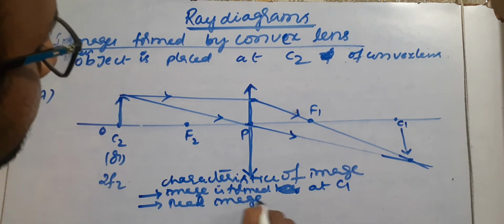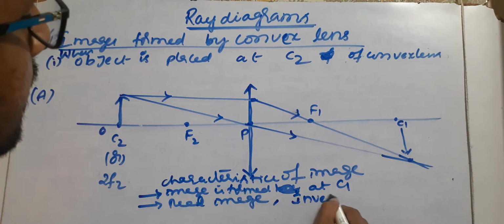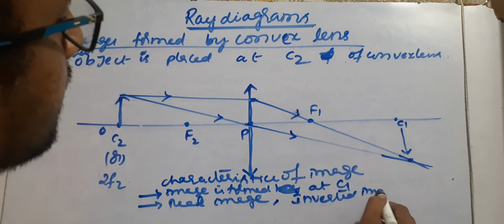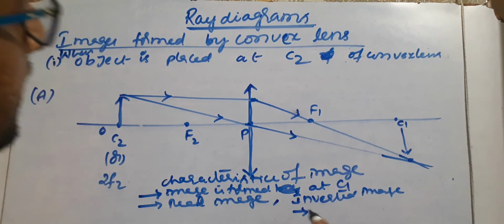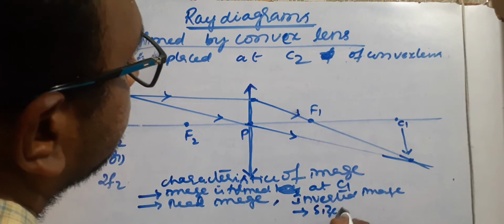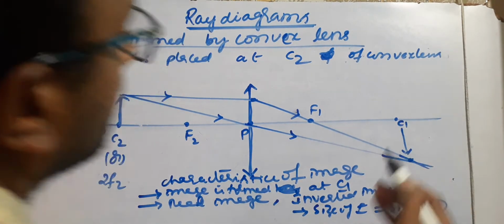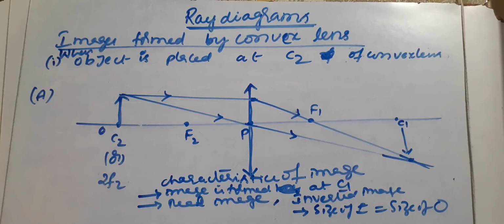All real images are inverted images, so it is an inverted image. And comparing the size of the image and the size of the object, the size of the image is equal to the size of the object. These are the characteristics of the image formed by the convex lens when the object is placed exactly at the center of curvature C2.